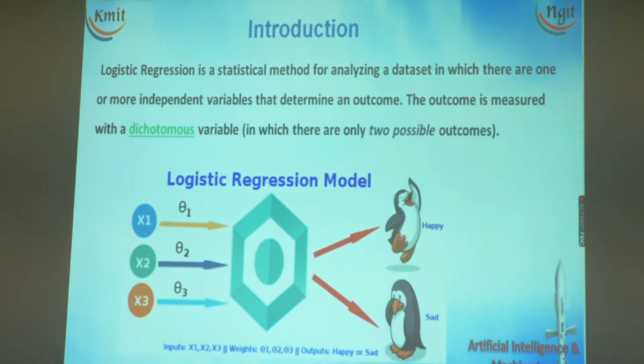What are inputs? Whatever features that we are giving as a column, they are the inputs. The weights are randomly selected, and the outcomes that we are expecting are happy or sad. Okay.